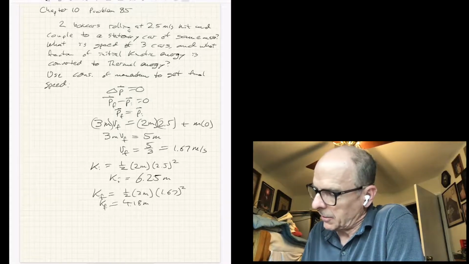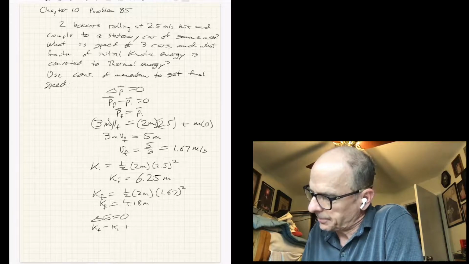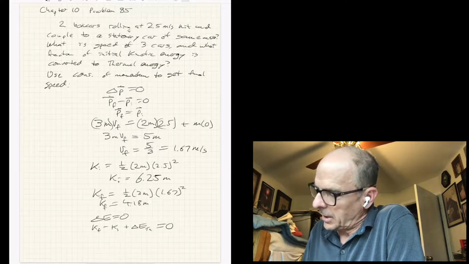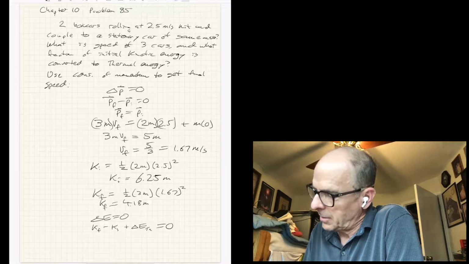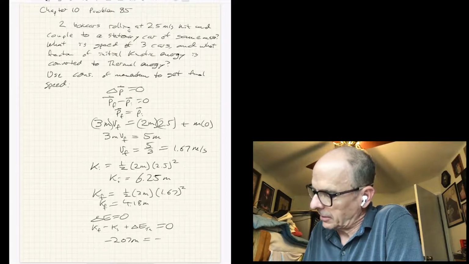Well, the missing energy, right, our delta E is 0. It's Kf minus Ki plus delta E thermal equals 0. That's the conservation of energy. So Kf minus Ki is 4.18 m minus 6.25 m, which is minus 2.07 m equals minus delta E thermal.